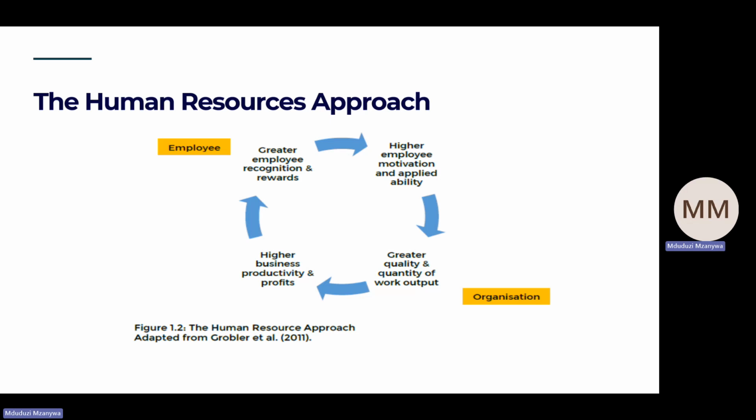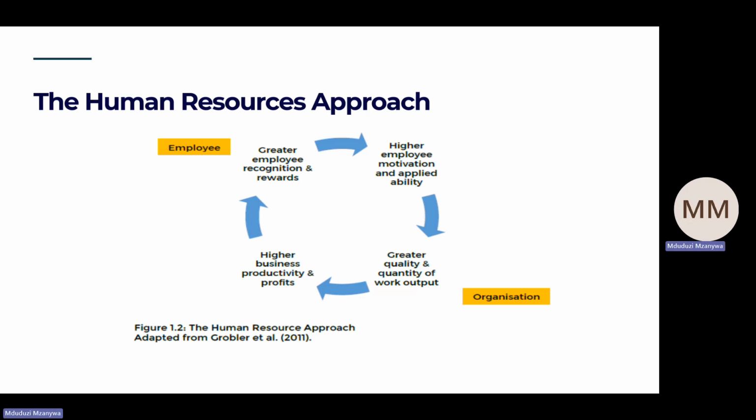Because if you look at the circle here, it says high employee motivation and applied ability would lead to the quality and the quantity of the work output being okay, which would lead to the business being productive and profits being gained, which would lead to recognition and rewards given to the employee. So this approach states that you shouldn't prioritize the organization at the expense of the employee, while you still don't prioritize the employee at the expense of the organization.